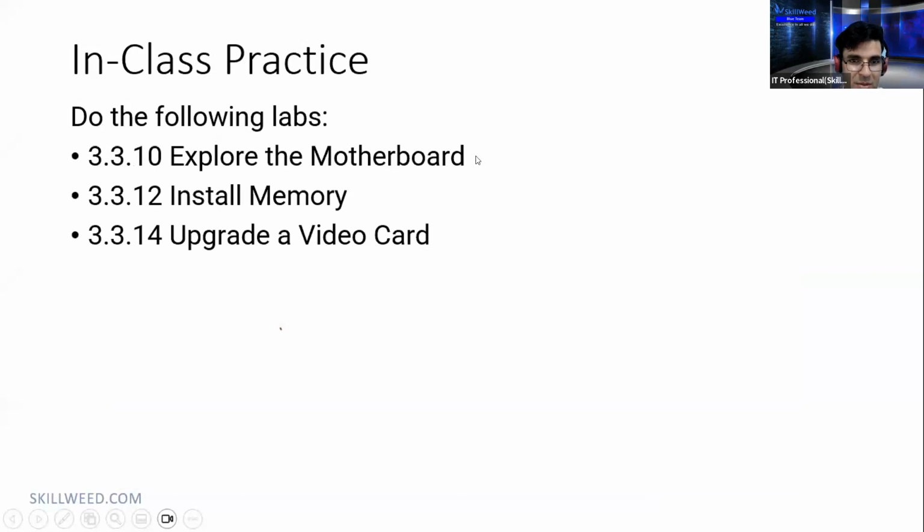You will also have to explore some motherboard types and install memory, if you have any CPU at home, in your garage, or somewhere near. You can do it hands-on. And if you have a desktop system, make sure you have the latest GPU, the graphics processing unit.